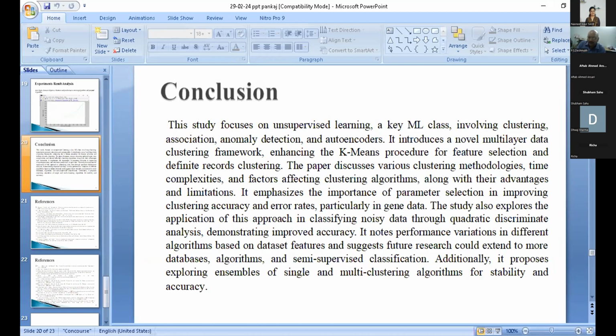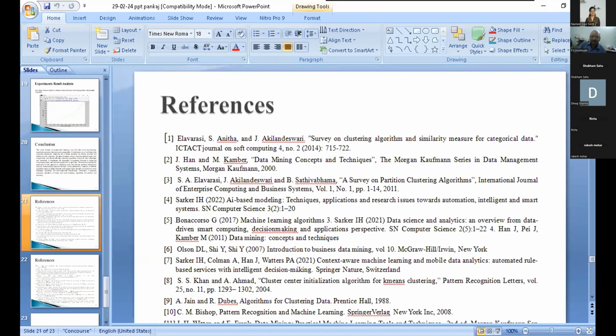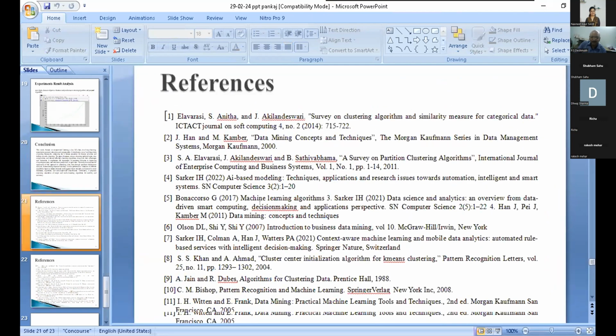Noisy means unwanted data, such as repeated data in the data set. By applying clustering algorithms, we can remove that noisy data so that we can improve our accuracy. And some references are given here.